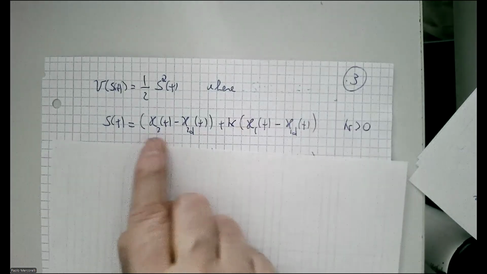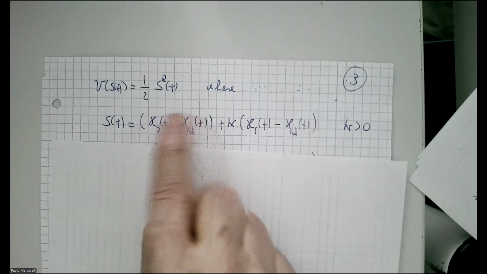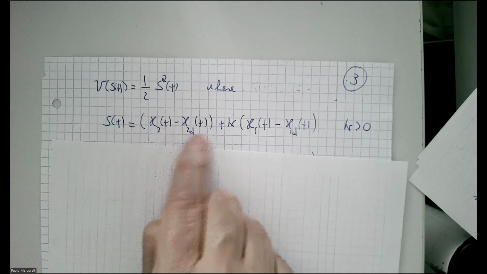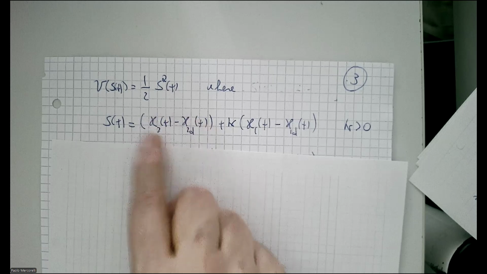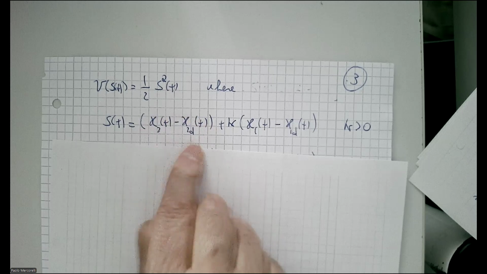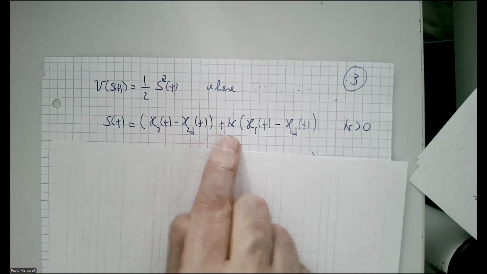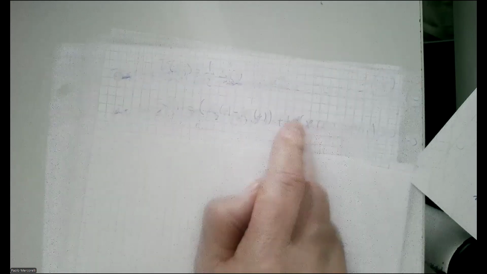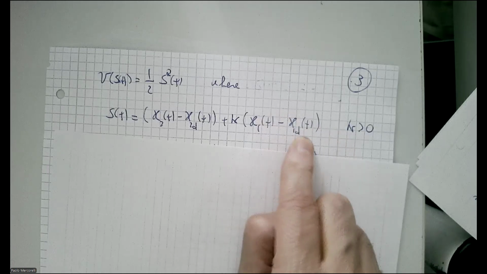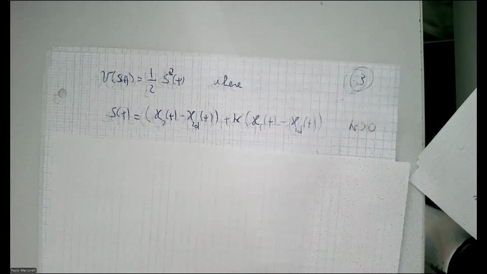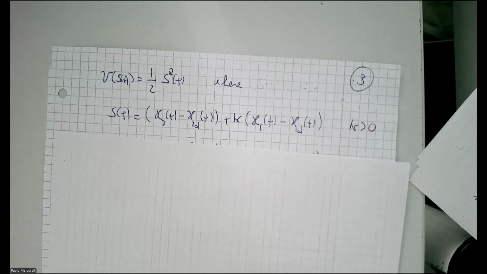S of t is the error with respect to the desired velocity, plus k multiplied by the error with respect to the desired position. It's a standard Lyapunov function. K is positive. Do you remember I told you last time about k? I hope that we discussed k together. Anyway, we can discuss it also now. No problems.